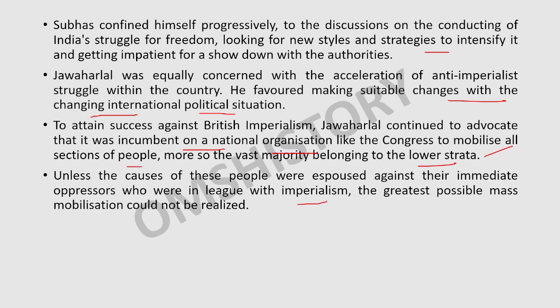Who are these immediate oppressors? Oppressors like landholders, landlords, and all. So he was very much clear on this agenda.